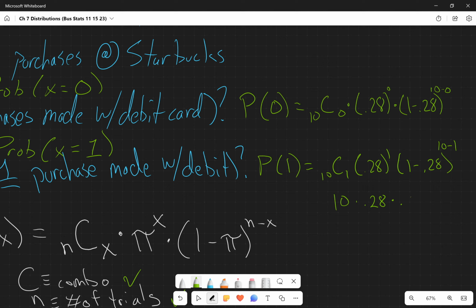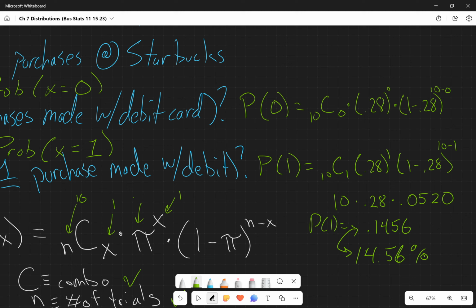Times 0.0520. And so this gives us 0.1456, or 14.56%. So again, this is 10, this is 1 now, that's still 0.28, that's still 0.28, that's 10, that's 1.